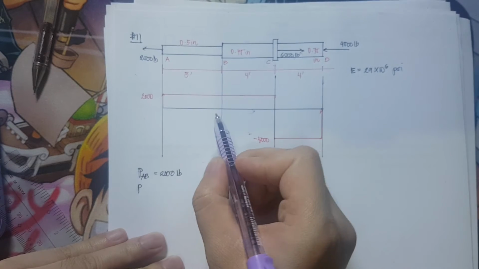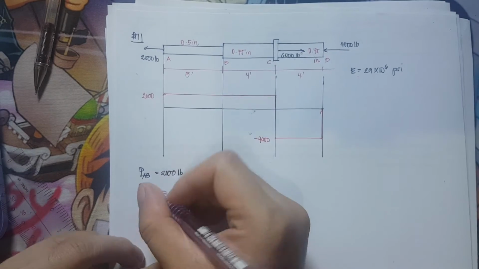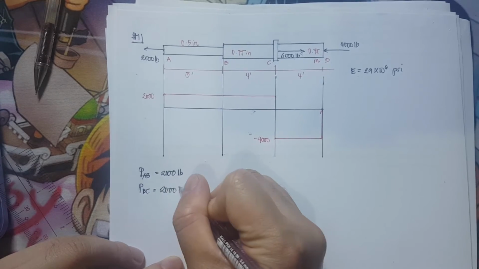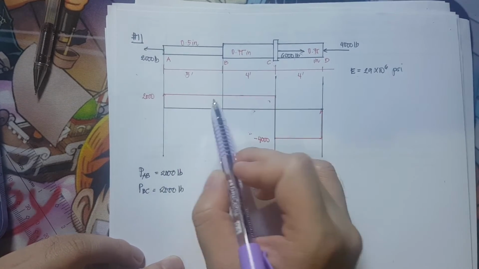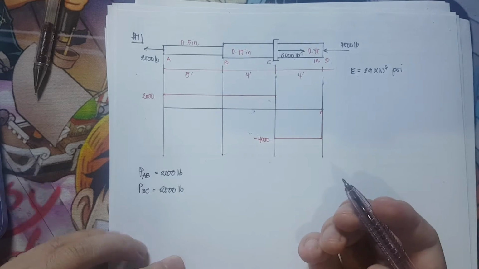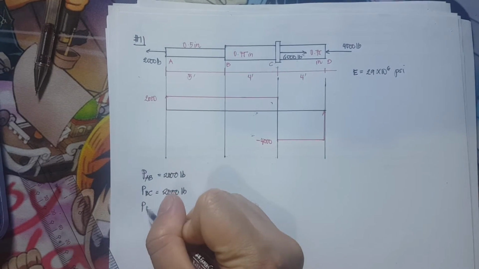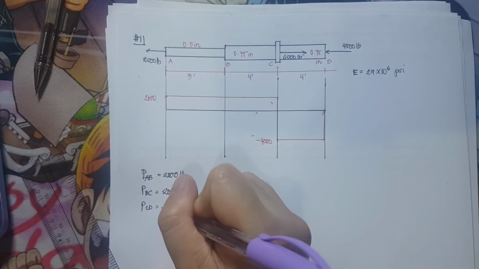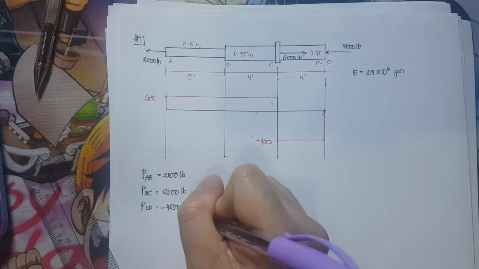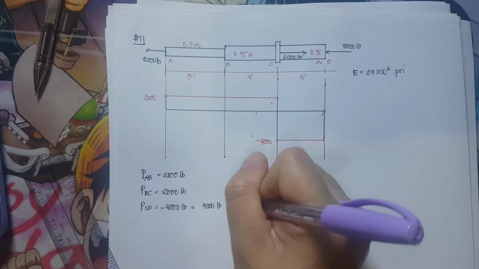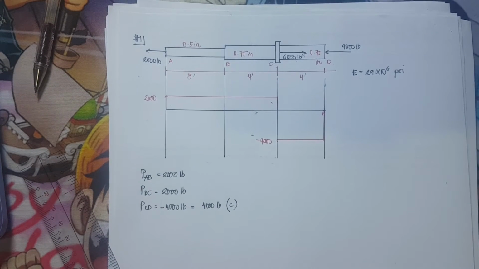The force from B to C is also 2,000 pounds. And both are in tension. Okay, so that's positive. But the force from C to D, so P of CD, is equivalent to negative 4,000 pounds, or it is equivalent to 4,000 pounds, but it is in compression.